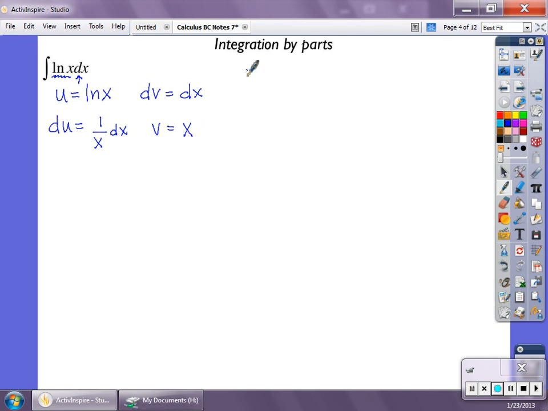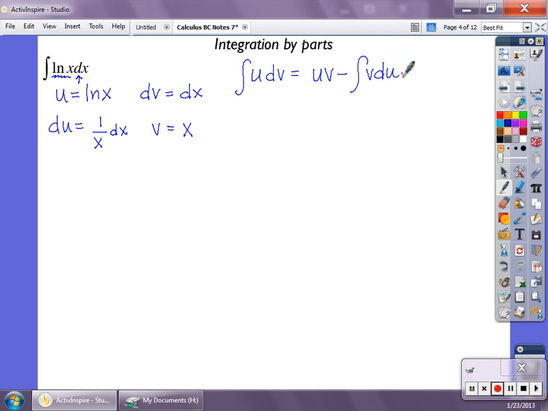I like to write down my integration by parts formula every single time because it helps me memorize. So I'm going to write it right here. The integral of u dv is uv minus the integral of v du.